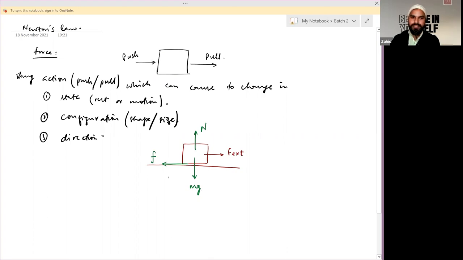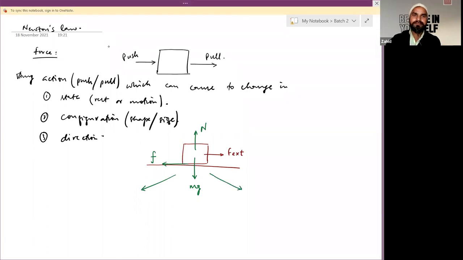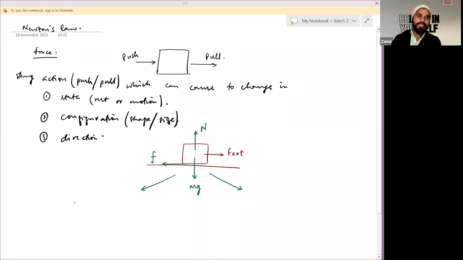Now on the basis of their magnitude, we can break them into two parts. First is if sum of all forces acting in any coordinate axis is equal to 0. Suppose N equals mg, external equals friction. So I can say sum of forces acting on this body is 0. This is termed as balanced force.